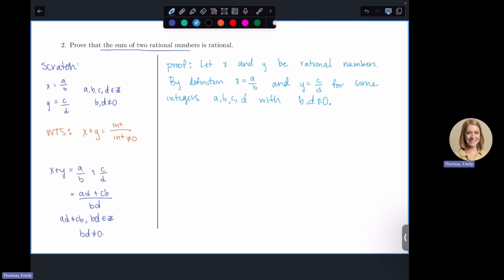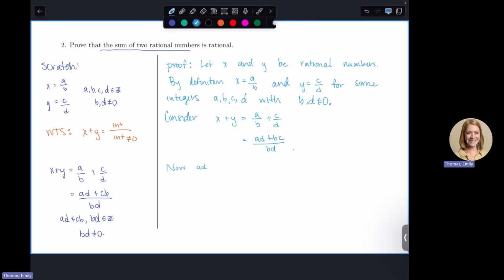ma'am. Okay, by definition, X is A over B, Y is C over D for some integers A, B, C, and D with B and D not equal to 0. Okay, we good? And then I would say something like consider or notice, observe, looky here. X plus Y is equal to A over B plus C over D, which is equal to AD plus BC over BD.